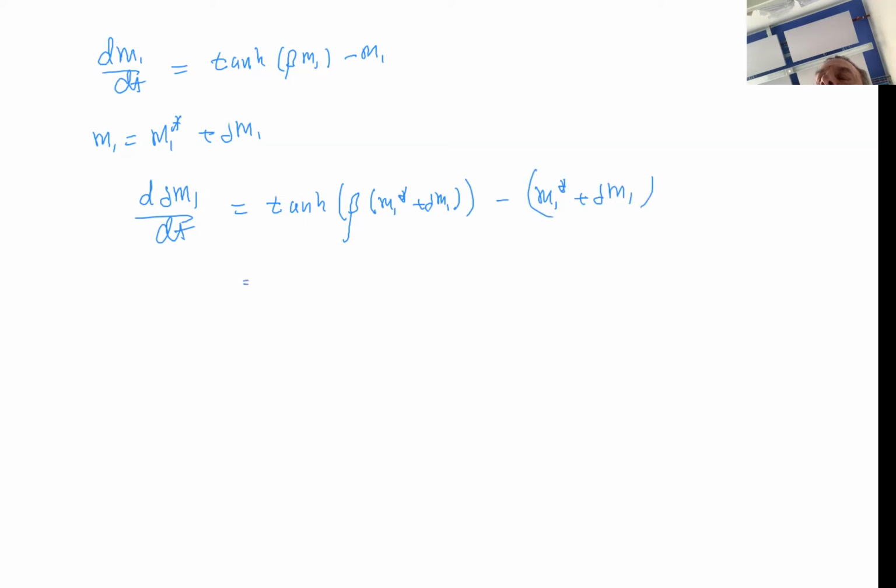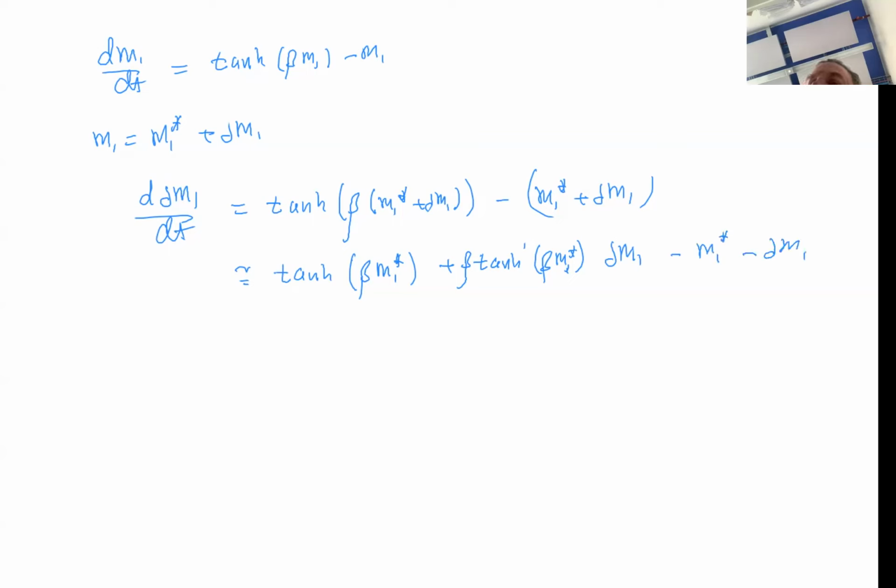And we can Taylor expand as usual. So this is approximately equal to tangent beta m1 star plus tangent prime of beta m1 star times delta m1 with the beta in front, minus m1 star minus delta m1. Okay.